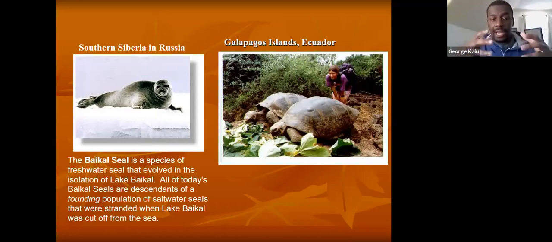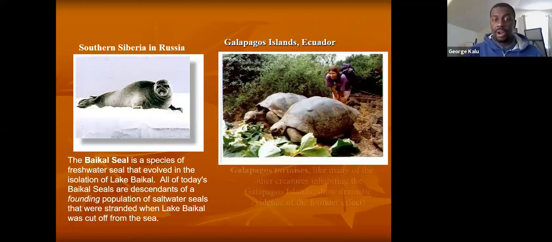However, the particular piece of land that they were on separated from the rest of the island, and ultimately caused those individuals that were separated to found their own colonies, and now they became the freshwater Baikal seals. Okay. So that's one example of a founder effect.